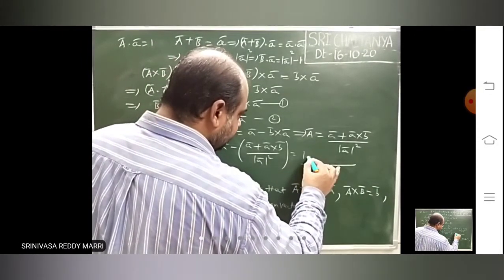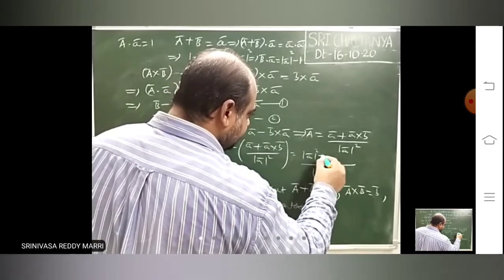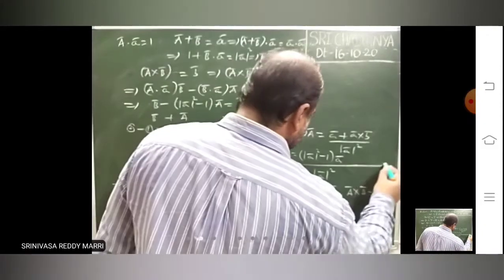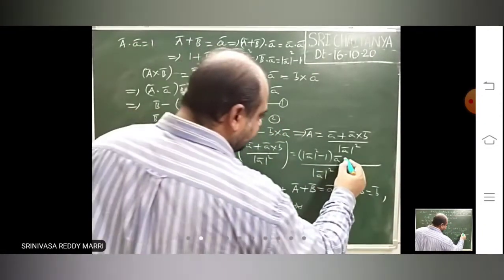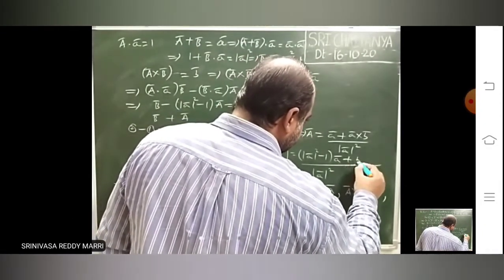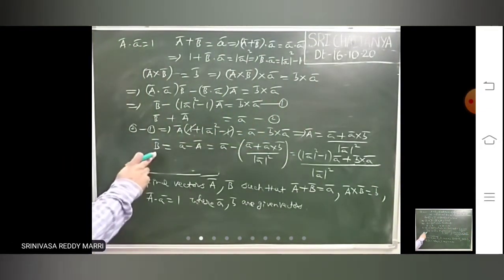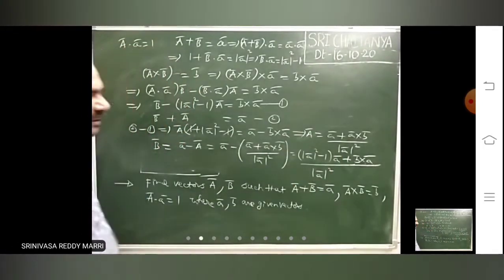You can take common A bar, modulus A bar square minus 1 into A bar. So you will get minus A cross B, that is nothing but B cross A. So this is the vector B bar. You got vector A bar in terms of A bar B bar, vector B bar in terms of A bar B bar. Like that, when the equations are given, by doing dot product or cross product, you can get the required vectors.